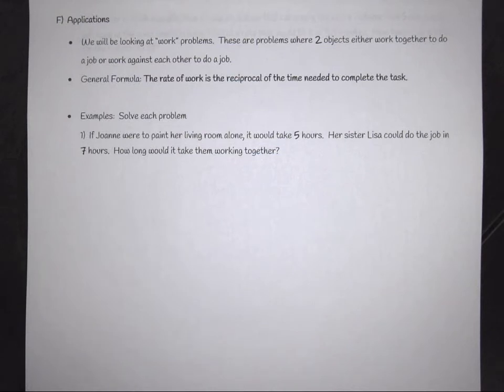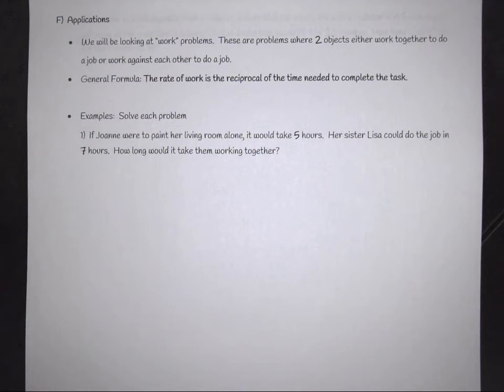One example where you have two objects working together, and another example where you have two objects working against each other. Now, in both of these problems, you are never actually going to be told this problem is working together. Instead, you have to be able to read it and recognize what the problem itself is saying.